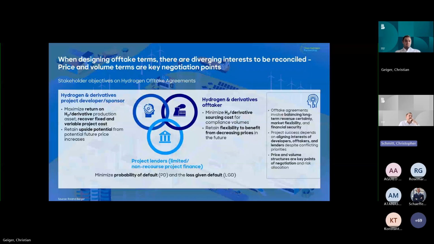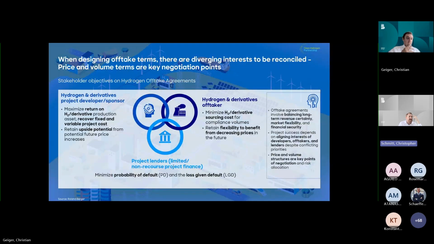And what's important to understand is you're basically dealing with three types of players here who have fundamentally different interests that need to be reconciled. On the hydrogen and derivatives project developer side of things, so basically the hydrogen producer, the key priority is, of course, to maximize the return on the hydrogen production asset, and at the very least recover the fixed and the variable cost of the project plus a margin to make the case commercially viable.